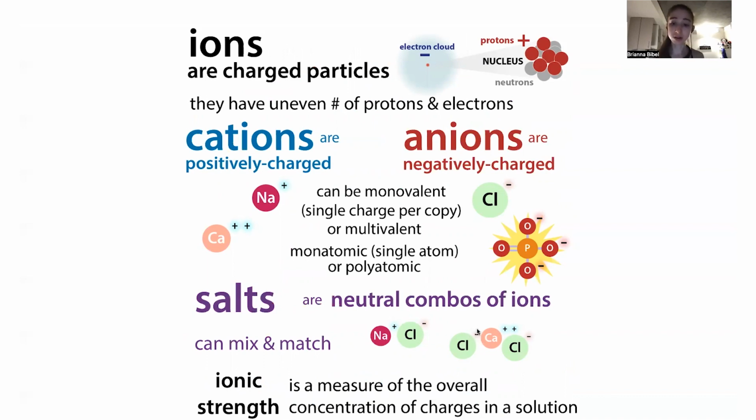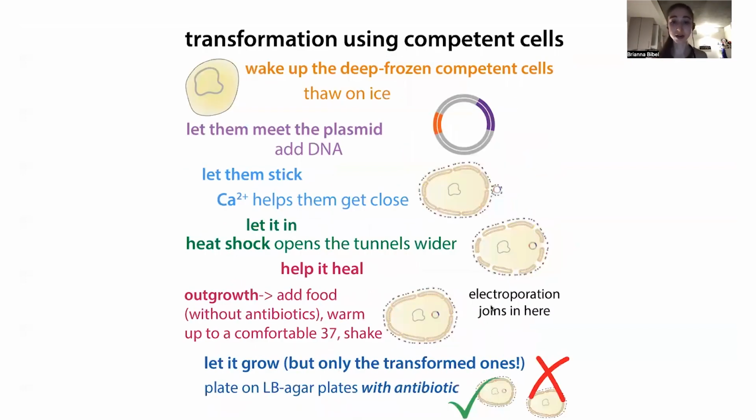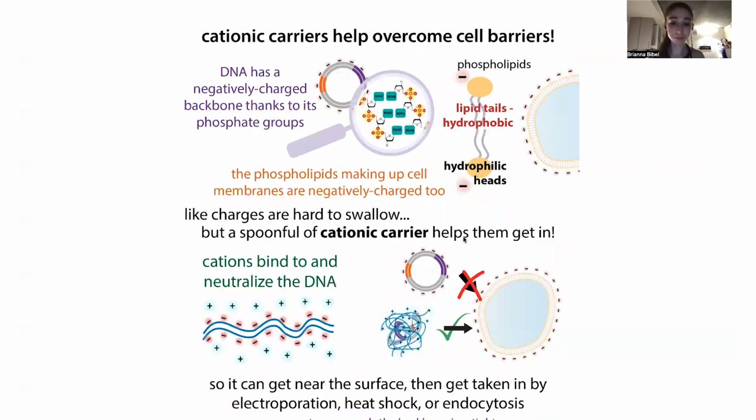So in calcium chloride, you have CaCl2 because calcium has a +2 charge and chlorine has a -1 charge, so you need two of them to neutralize the calcium. But when you dissolve them, they're going to dissociate, and you're going to get those calcium ions, and those calcium ions can hang out with the DNA, and then they can hang out with the membrane, and they can help them get close together.